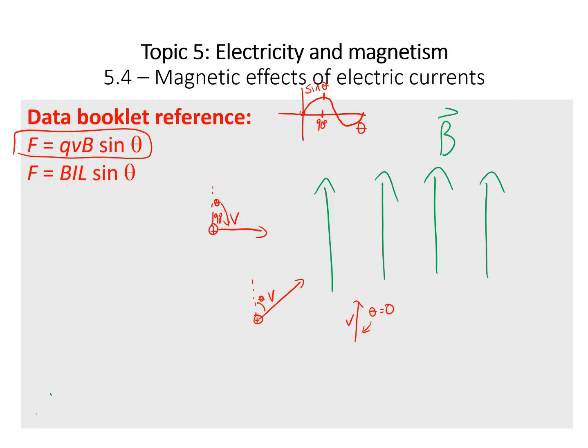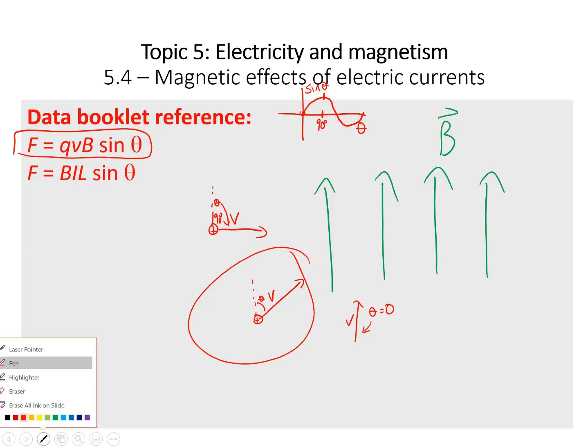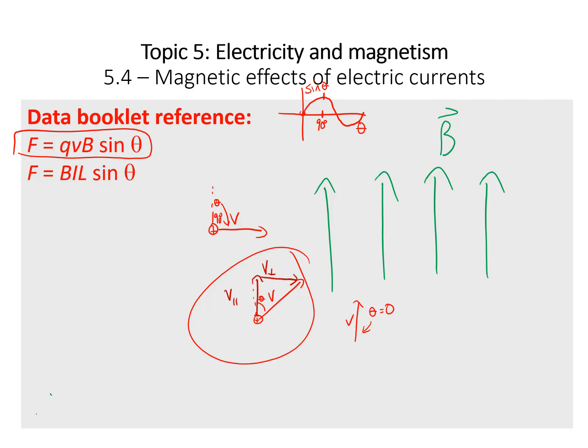A better way to think about this is the magnetic force acts only on the component of the velocity that is perpendicular to the field. So for this velocity over here, the one that I've circled, we can break that velocity into components parallel and perpendicular to the magnetic field, which I'll call v parallel and v perpendicular.